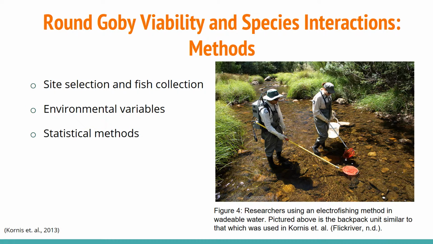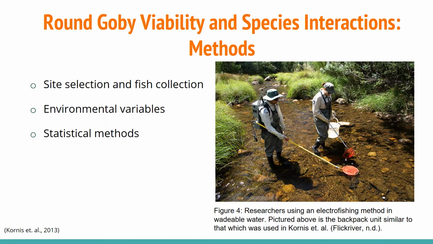When the study first began in 2007, sampling sites were chosen from Wisconsin tributaries based on a 2007 census. All sites were wadable, meaning they were less than a meter deep, and they were downstream from barriers such as dams. Researchers noted 30 goby present sites, 52 absence sites, and 5 invaded sites.